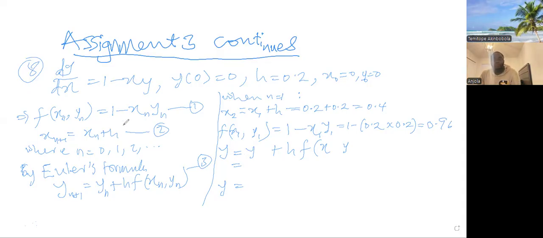y2 now, using equation 3, when n is 1 now, that's what we are doing. So it will now be y2 equals y1 plus h times f of x1, y1. Our y1 is 0.2, plus h, which is 0.2, times 0.96.